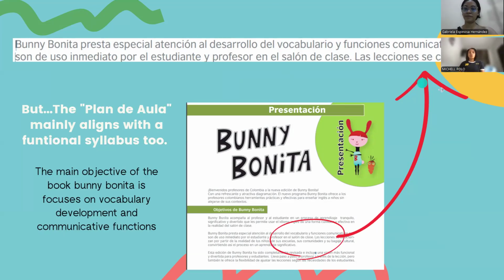Well, in this document we can identify Boni Bonita, a book from the Ministry of Education, and in this book the main objective is to develop vocabulary. It is focused on vocabulary development and communicative function, and for that reason we can infer that we can probably use a notional and functional syllabus at the same time, but we couldn't notice this in the learning goals.